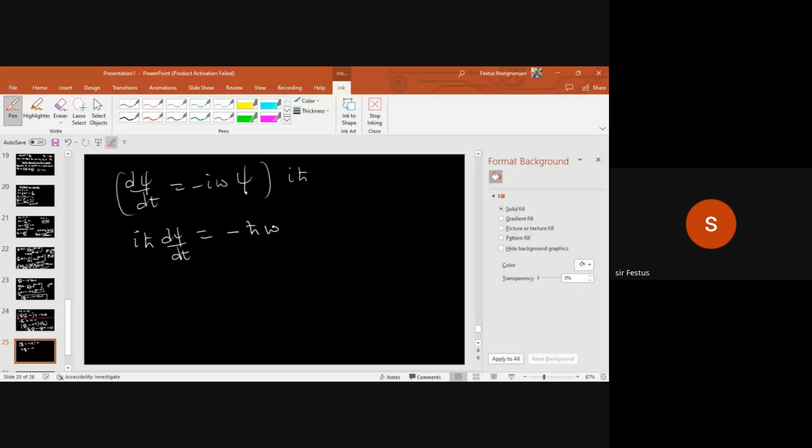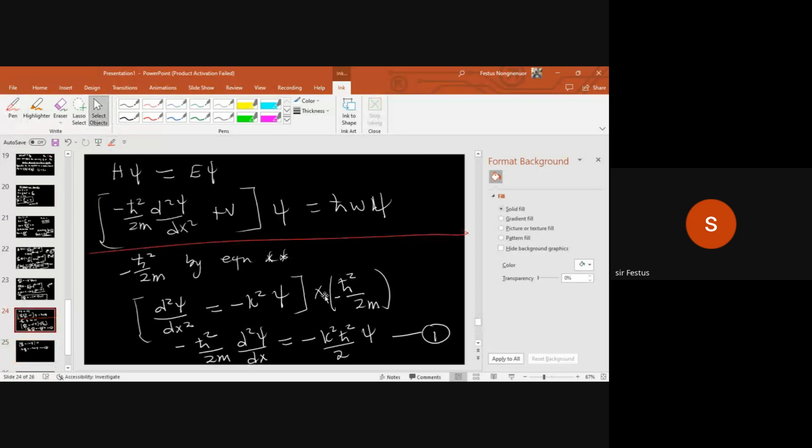H omega and then psi, so equation 2. If we look at the right hand side of equation 2, this is energy. Now I also come to equation 1 that we have. So we know that this is a Hamiltonian expression, but this one is equal to what? Energy.